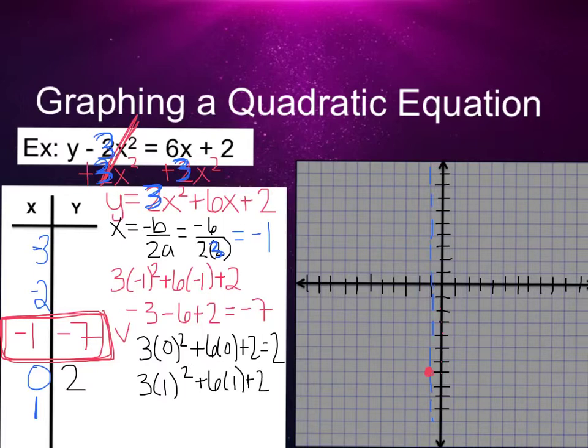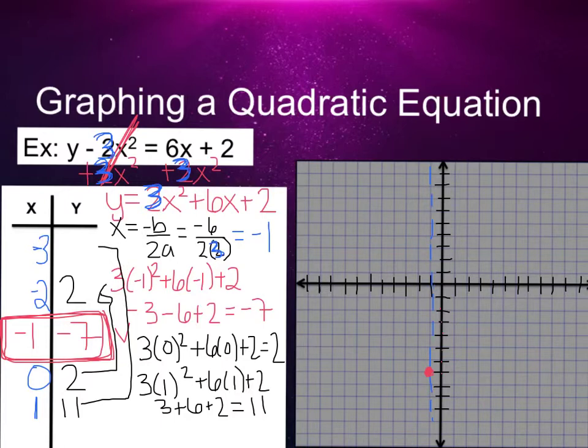That will give us 3 plus 6 plus 2, and that would equal 11. Okay, and then we'll be able to reflect those points. Okay, so now -2 and 0 have the same number, and 1 and -3 have the same number.